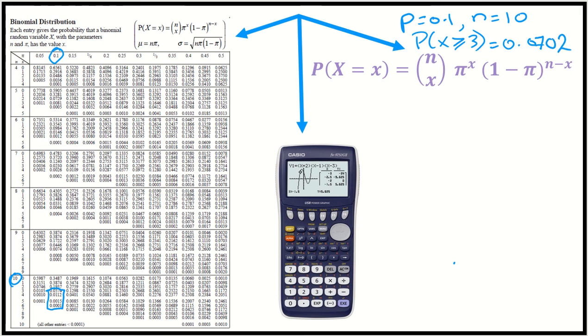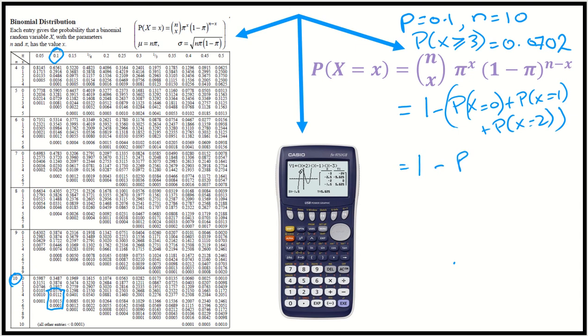Now if I was going to use the formula for this, I would need to use the 1 minus, because it's probably going to be fewer calculations. So I'd do 1 minus the probability of 0 and 1 and 2. For each of those probabilities, I would need to use our formula here. n in this case is 10, so 10 choose, and I'll start with 0.